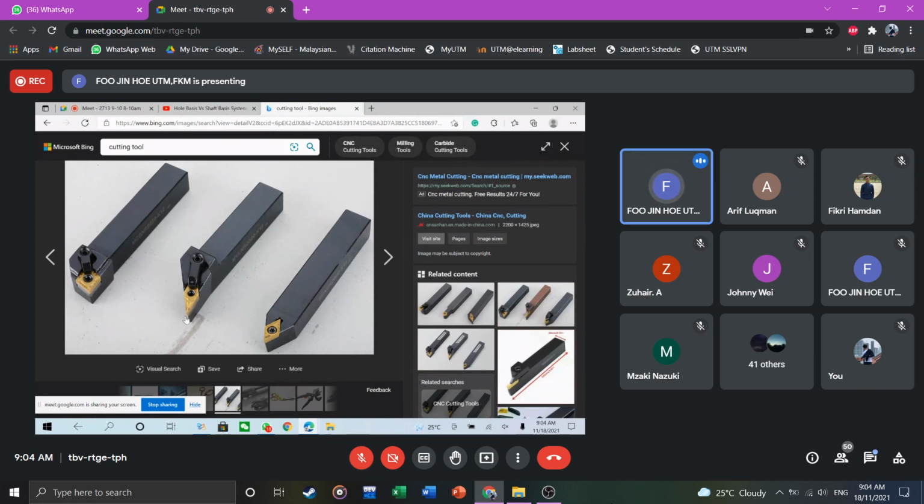It heavily depends on the sharp edge. Once this is blunt, it will affect the whole size of this shaft. So in other words, it is much easier to control the size of the hole, the limits, the tolerance of the hole, compared to the limits or tolerance of a shaft. So just bear this in mind. All right, so we go back here.